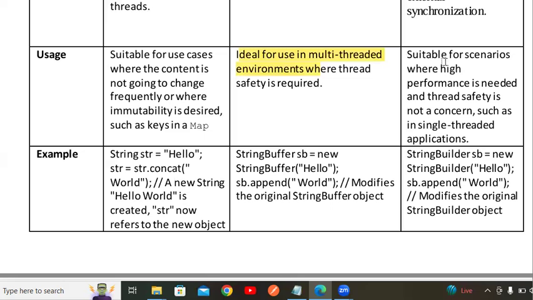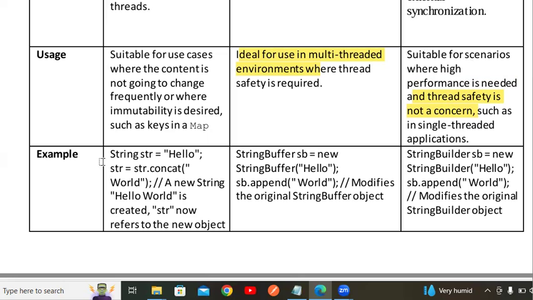Then StringBuilder is suitable for scenarios where high performance is needed and thread safety is not a concern. This is the point to remember. Whenever performance is needed and thread safety is not a concern, at that time we will use StringBuilder, such as in a single threaded application.